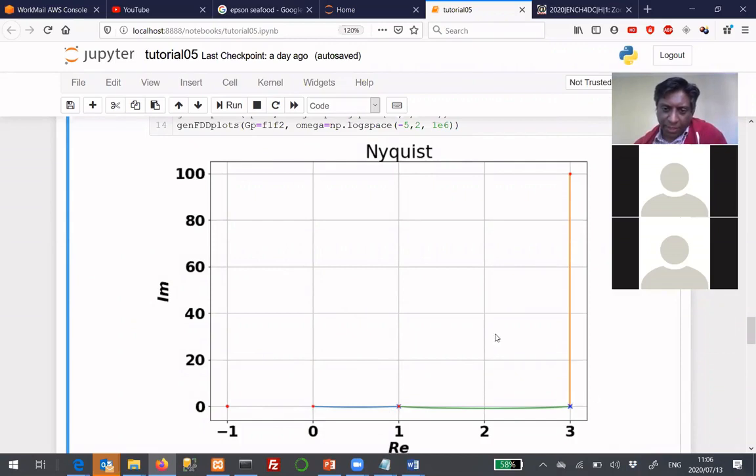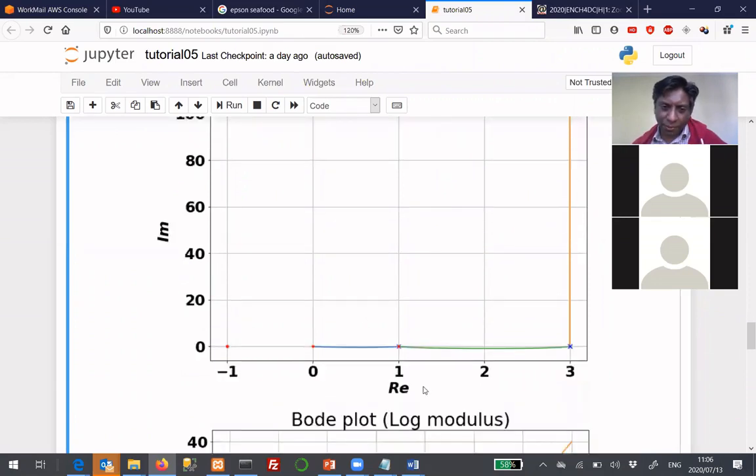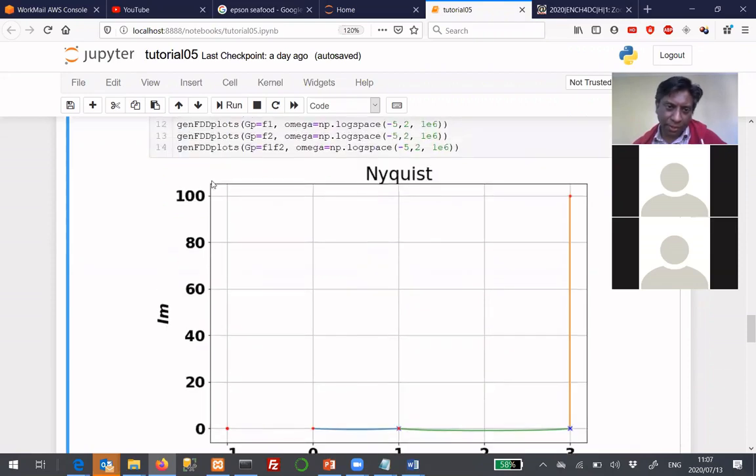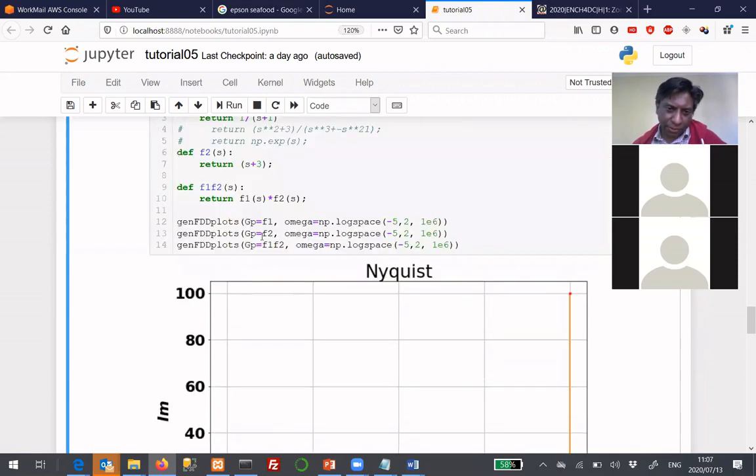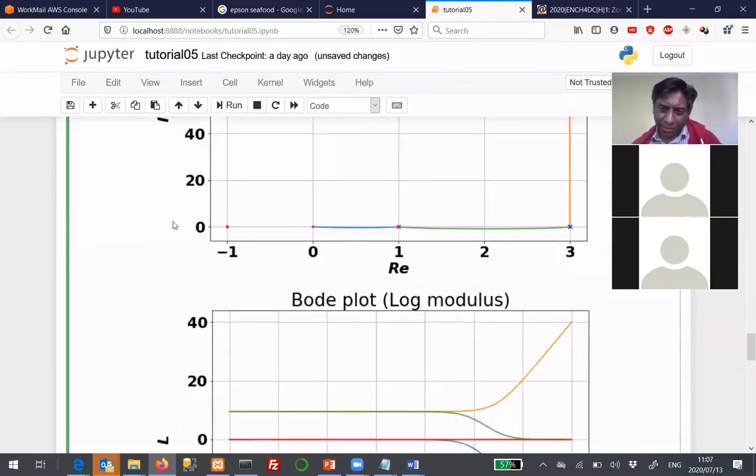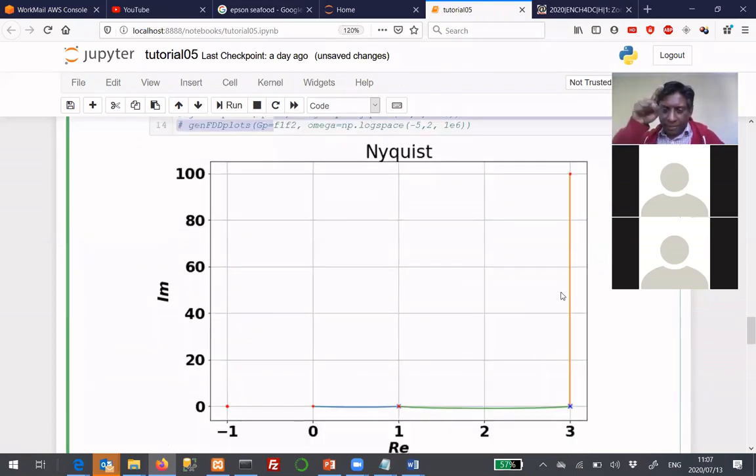Because now we have an s plus 3, that one is actually rushing off to infinity here. So it's moved the scale of our imaginary axis quite a bit. You can see here the real axis is -1 to 3, whereas this is going from 0 to 100. And in fact, if we uncomment this, I'm not going to do it because it seems to take a while to run, but you'll find again that curve.